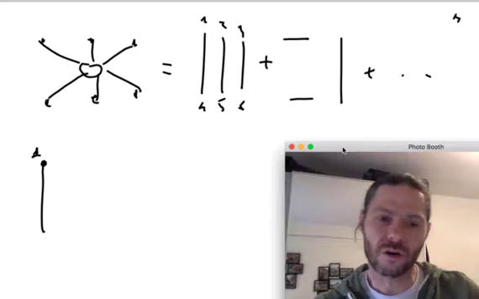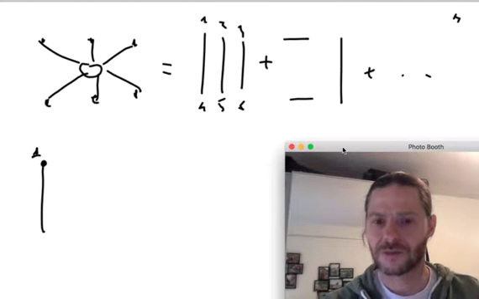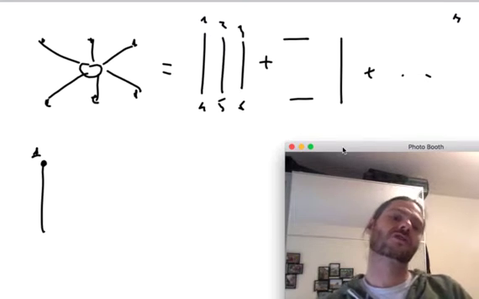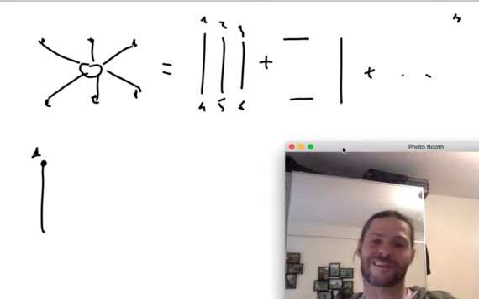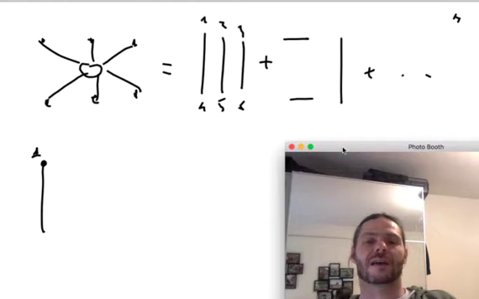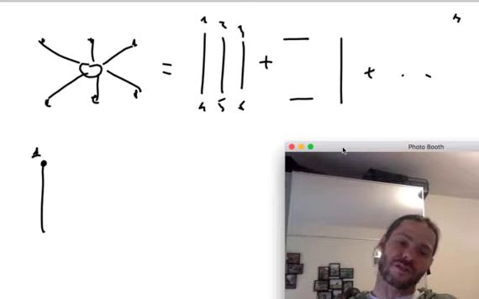So the number of contractions is a factorial number. So very soon you come to a regime where the order of the correlation function becomes very large, and you have to sum a large number of quantities.